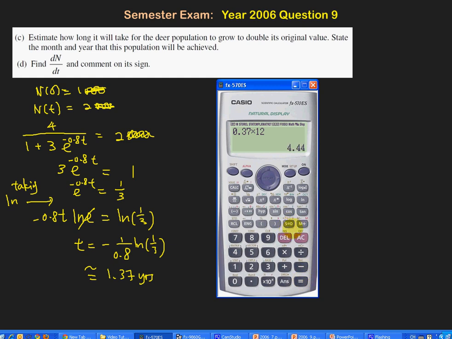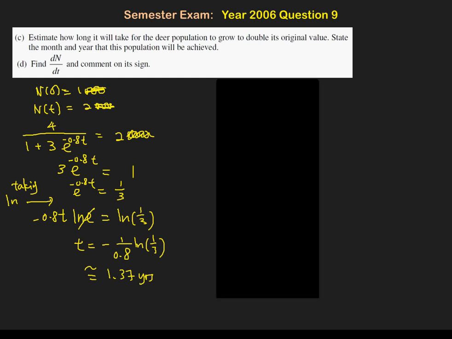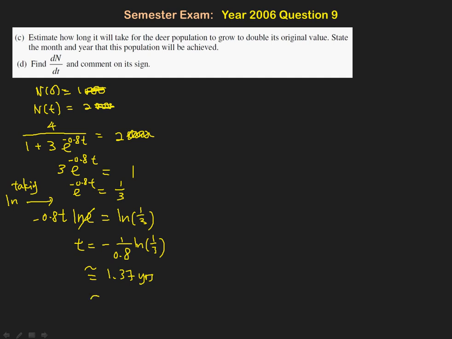It is more than 4 months. This is approximately 1 year, 4.5 months. Okay, just make it more or less, right?